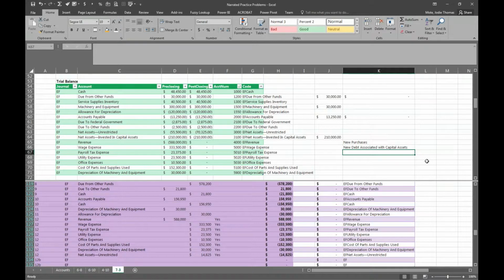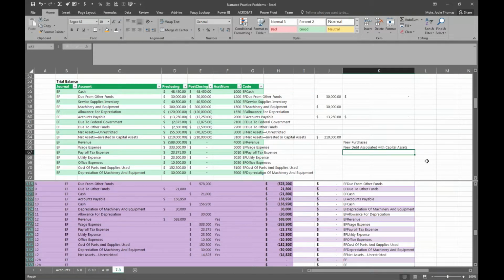and then less debt payments on capital assets, less depreciation, things like that. So you're basically taking all capital asset related amounts and recording those changes for the year.